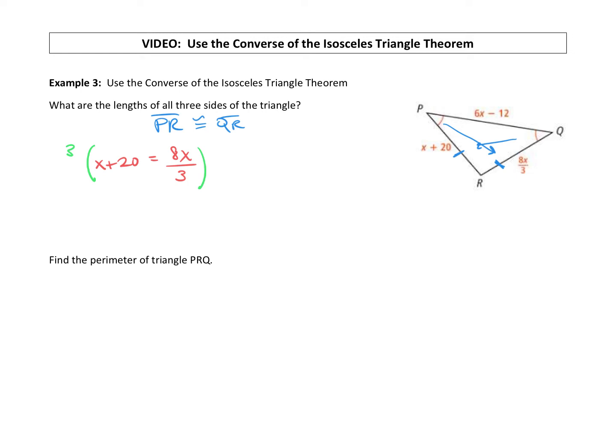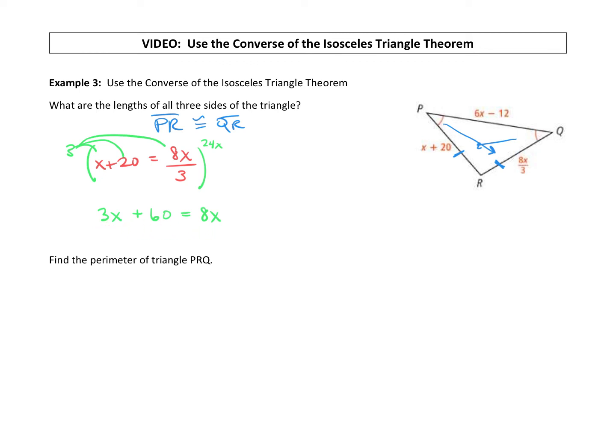So let's multiply everything by a 3. 3 times x is 3x. 3 times a positive 20 is a positive 60. 3 times 8x is, I'm just going to write it off on this side, 24x. But then we're going to take that 24x and divide it by this 3. 24x divided by 3 is 8x. And now we have an equation with no fractions.